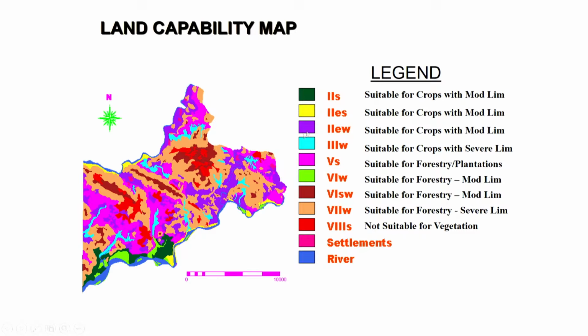And the capability class in yellow shows that this is suitable for agriculture, and here is capability class 6. So you get different capability classes from your soil map, and we can suggest what kind of land use one should practice for sustainable development of the area.